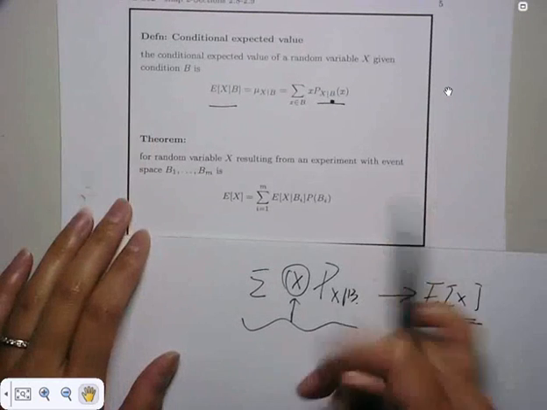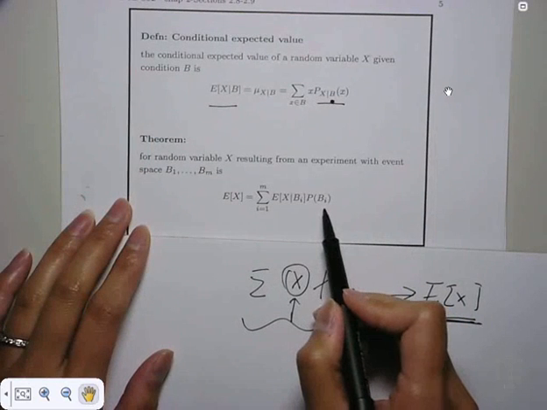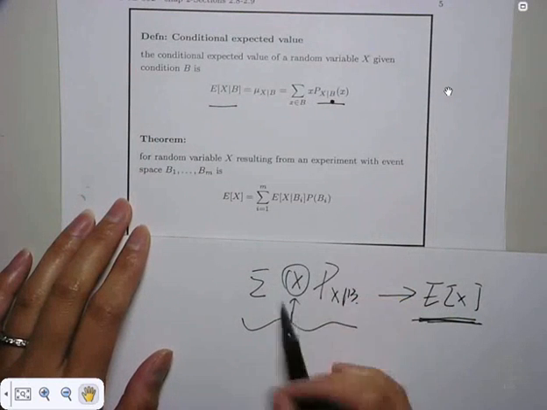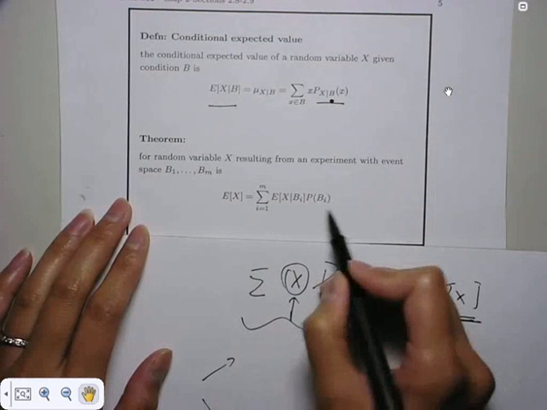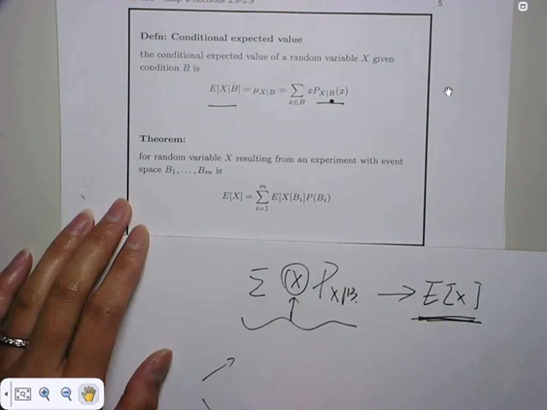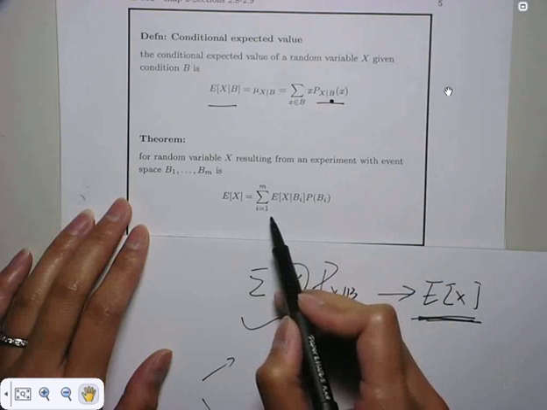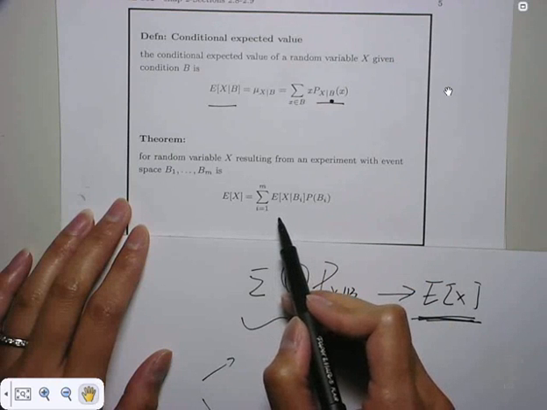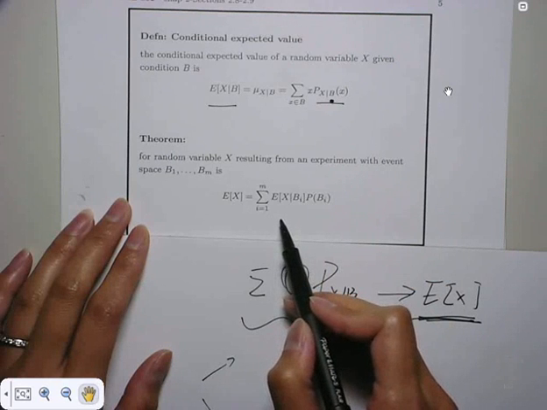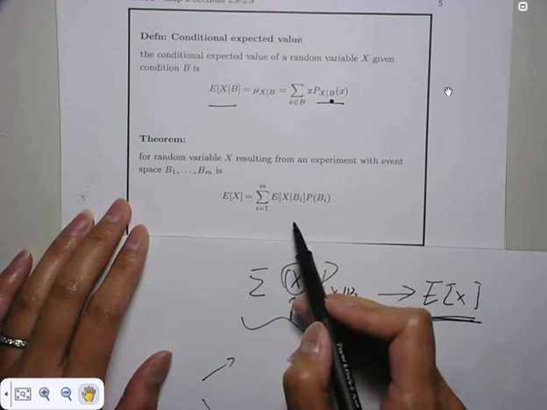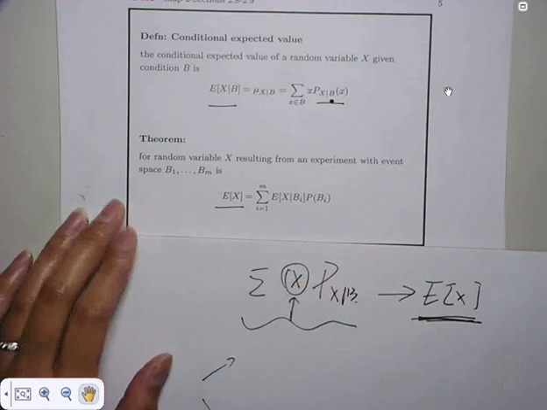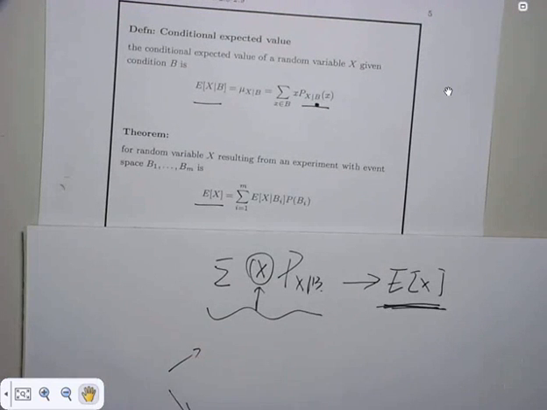Then if I have several different cases, like the coin, B1, B2, or even all the numbers B1, B2, this is very similar to the law of total probability, right? Expected value. Then we can try this.